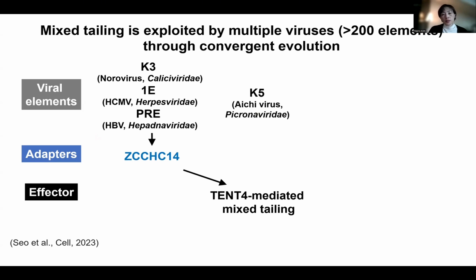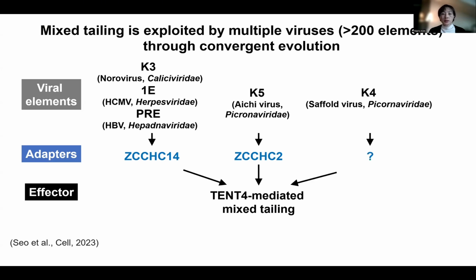K5 works slightly differently because it has to interact with ZCCHC2 to convert to TENT4. We found a bunch of elements that are dependent on neither ZCCHC14 nor ZCCHC2.